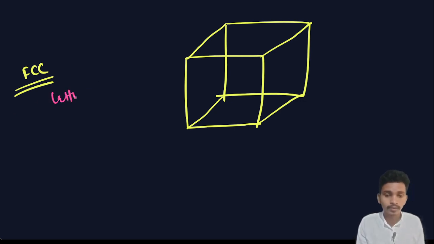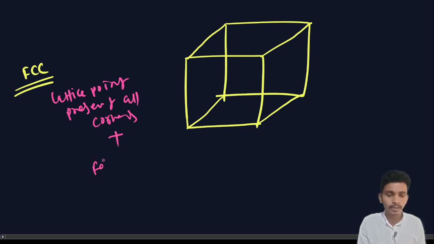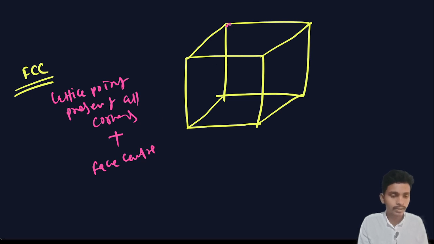Lattice points are present at all corners plus the base center. Let's say this is the base. In this base center one lattice point is present, and at all the corners it is present. If you draw the lattice points here, one will be like this, another like this, and this is at the base center.